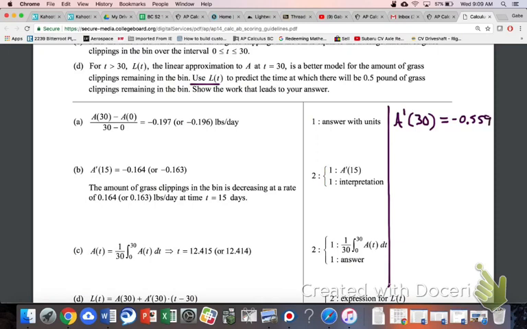Okay. And then you also have to know the point of tangency, right? So you have to know A of 30. So that would just be plugging in 30 into A. And again, you'd want to use your calculator to figure out exactly what that is.